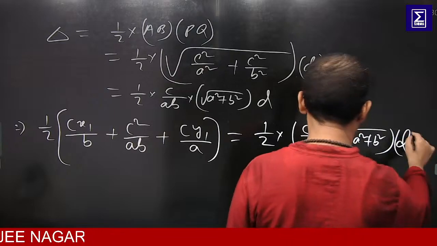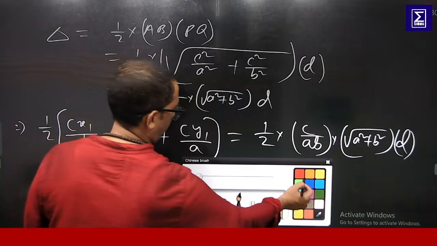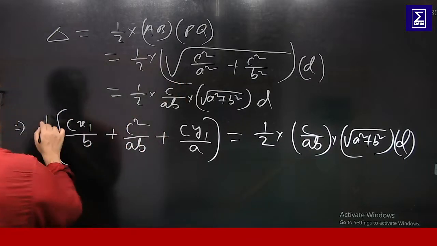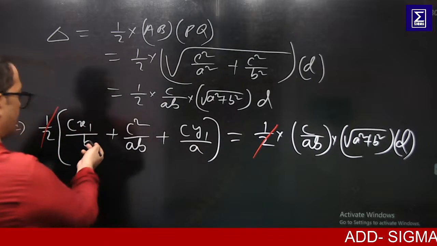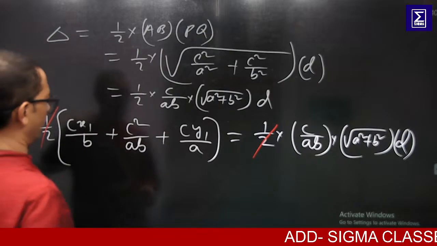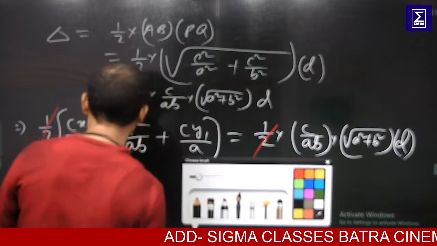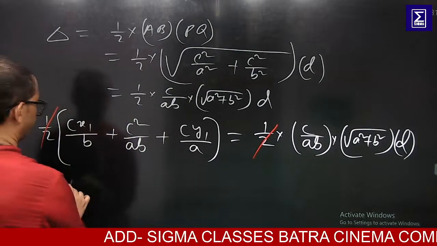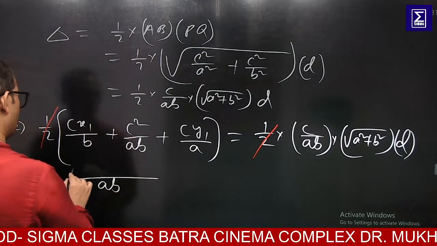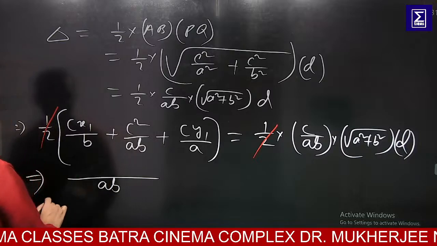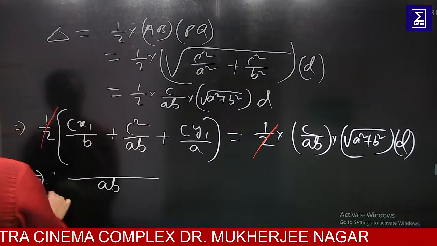So what we have to do, we have to find the value of D here. If we remove some of the things, like half will get cancelled on both sides. Now in this case, if you take C common, of course this will also get cancelled. So let's take the LCM here, AB, and let C be out.